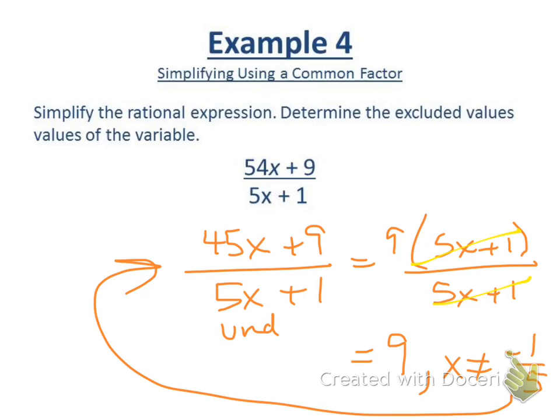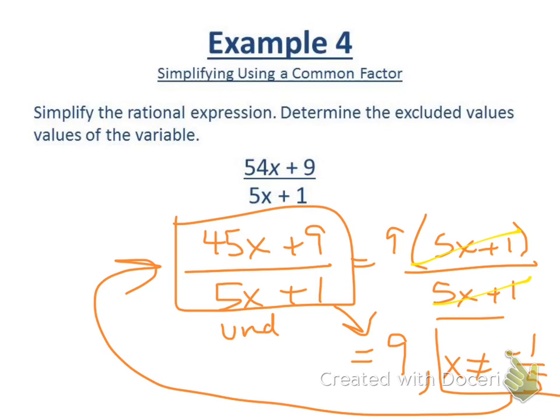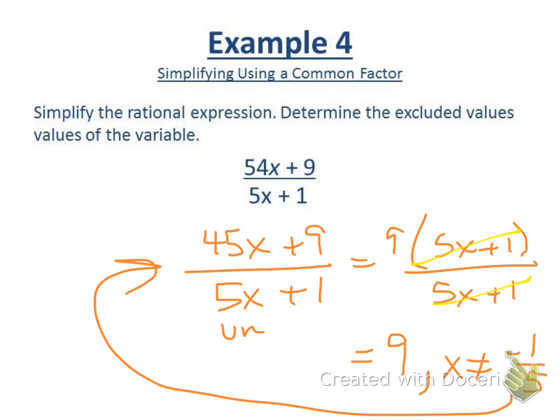No. So this expression is only equal to 9 as long as x is not equal to -1/5. So the excluded value is extremely important to qualify the equal sign in this expression. These two expressions are not equal if x is -1/5. If x is anything else, then they are equal.